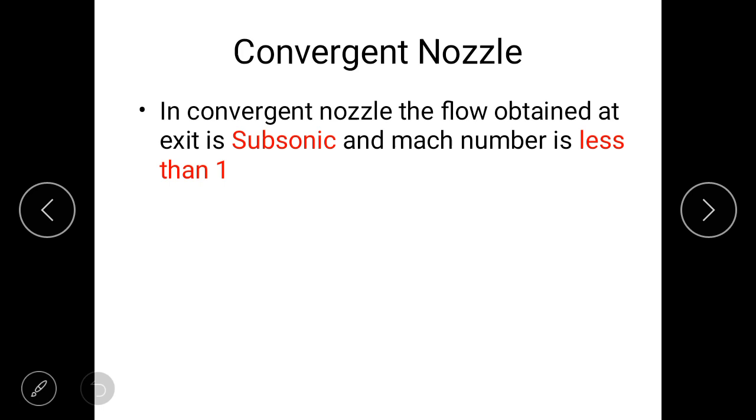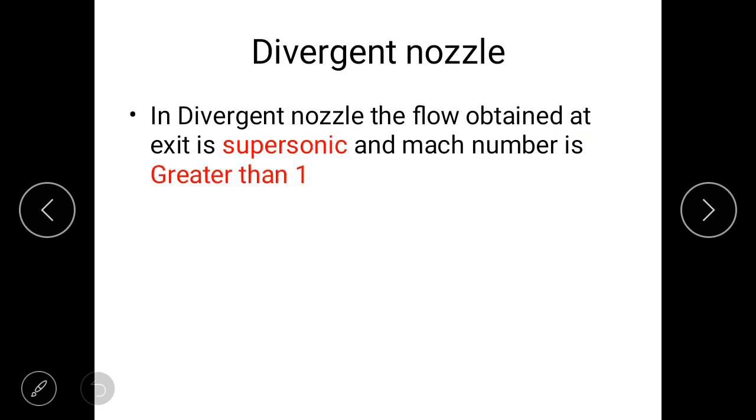When the steam enters and exits, the flow obtained at the exit is subsonic and the Mach number is definitely less than 1. Next, in the divergent nozzle, the flow obtained at the exit is supersonic and the Mach number is greater than 1.